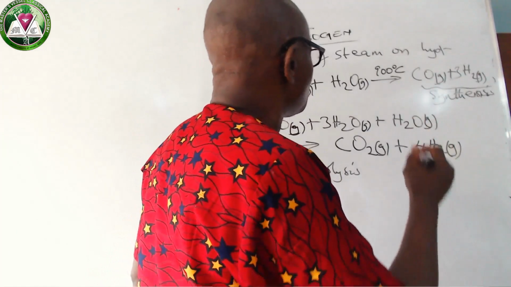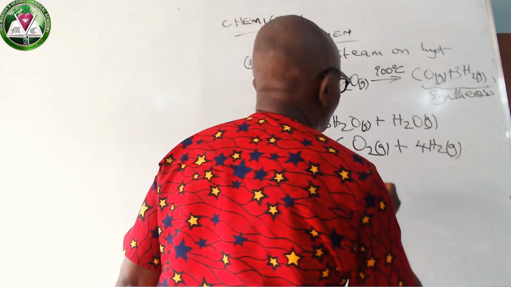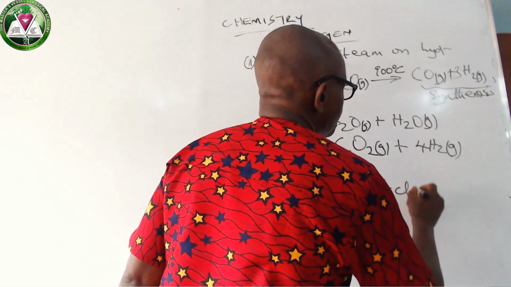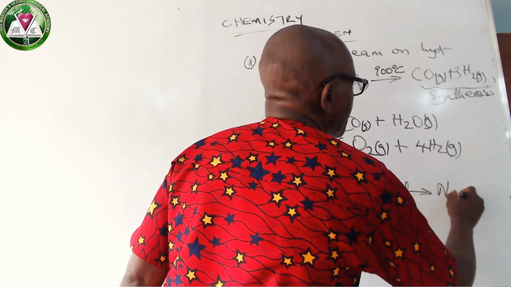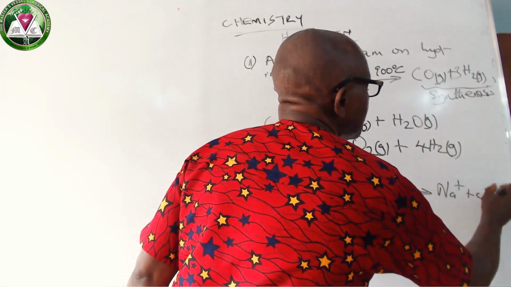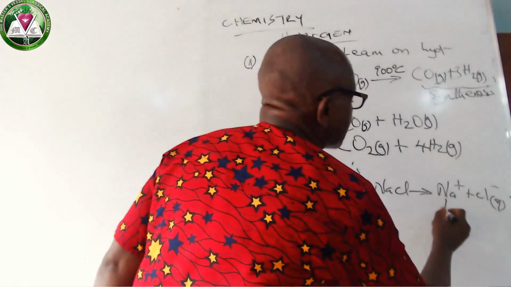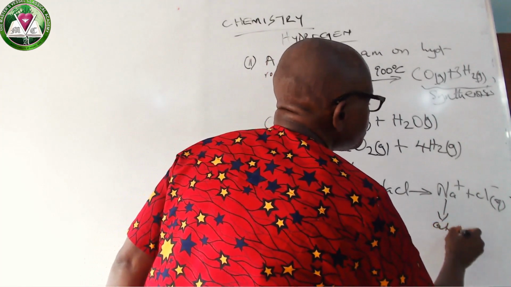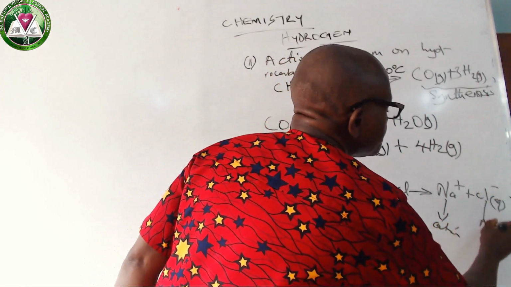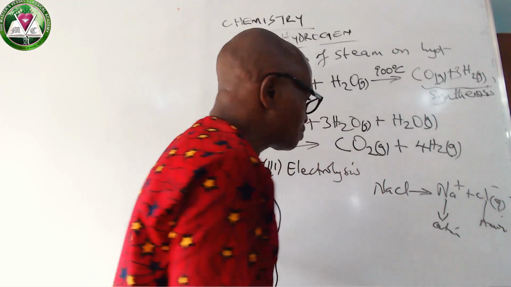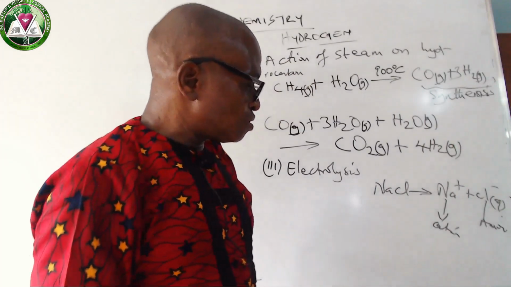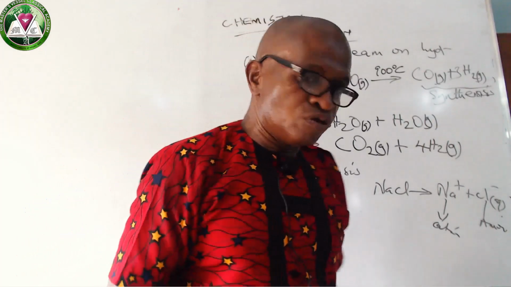Let's take, for instance, sodium chloride. If you split, you have Na plus and Cl minus aqueous. This is your cation, this is your anion. The cation goes to the cathode, while the anions go to the anode.